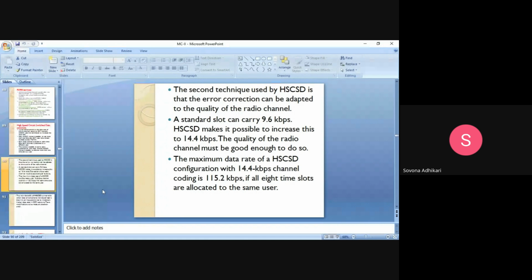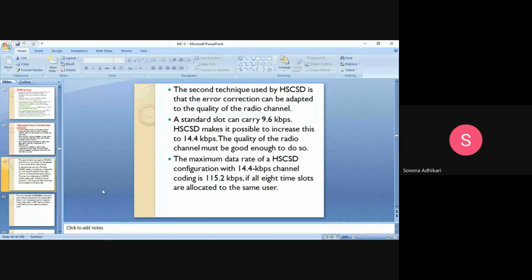So this is used to enhance the data rate. The maximum data rate of HSCSD configuration with 14.4 kbps channel coding is 115 kbps if all 8 time slots are allocated to the same user. That is, you know that more than one slot can be allocated to a user.